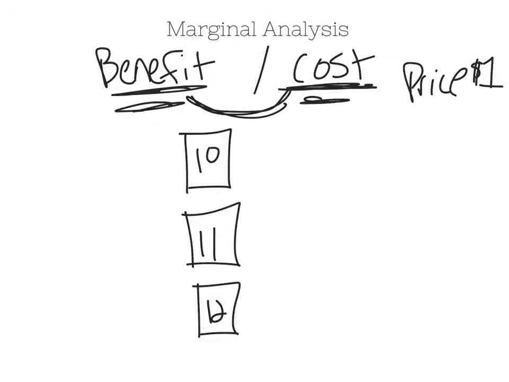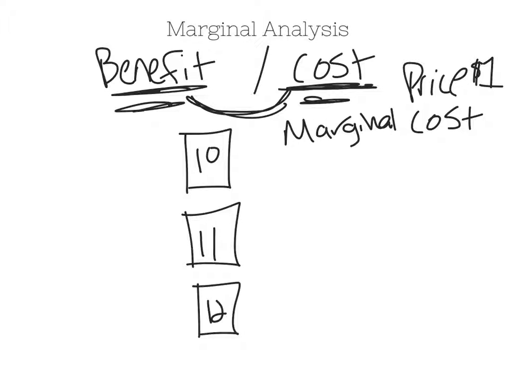All right, I want to know, how much does my cost go up by making that 10th cup, 11th cup, and 12th cup? So what we call that is marginal cost.